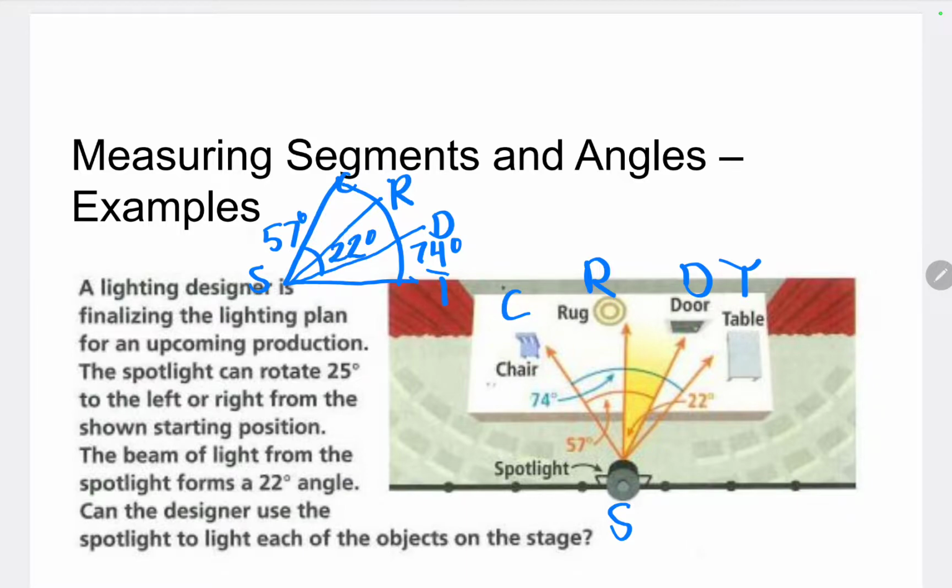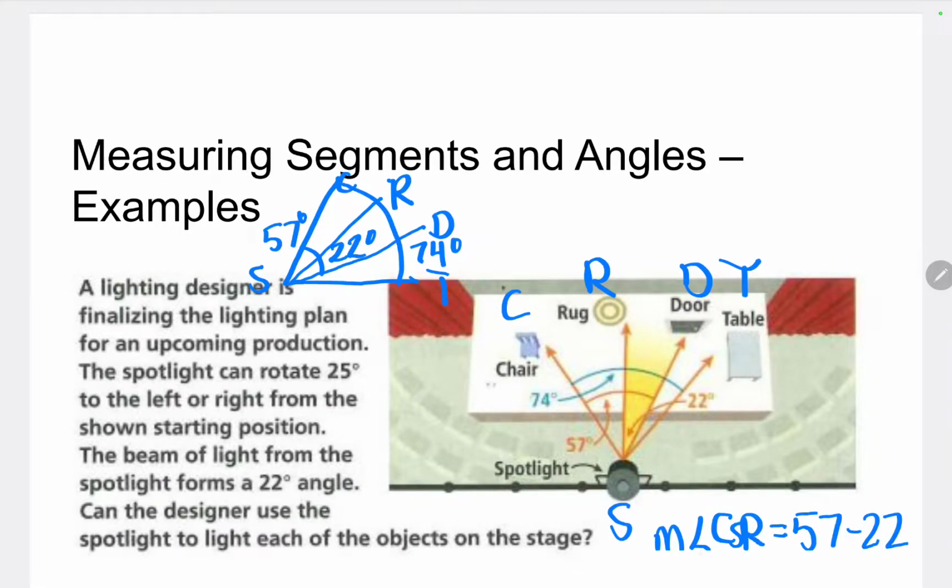So I can see just from my diagram that if I have 22 going over to 57, to determine the angle that's left in this part of the diagram, I can just do the measure of the angle CSR is equal to 57 degrees minus 22 degrees.